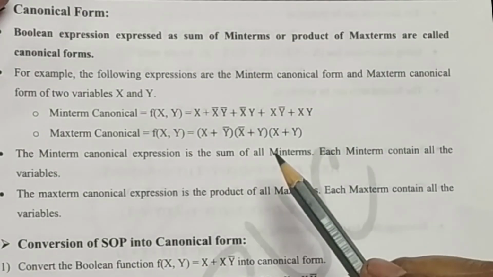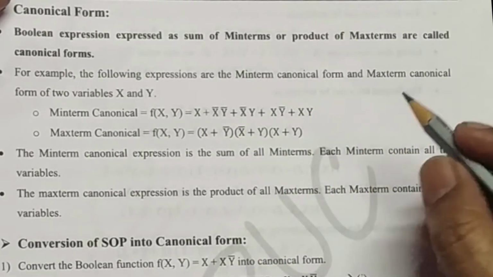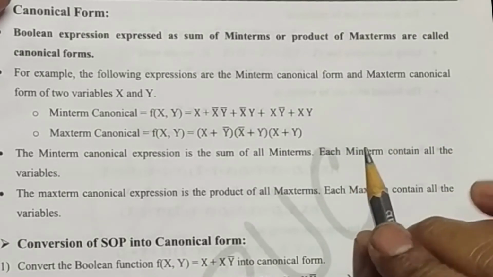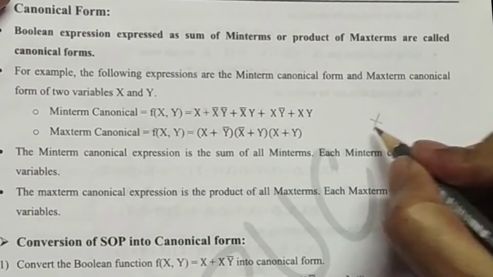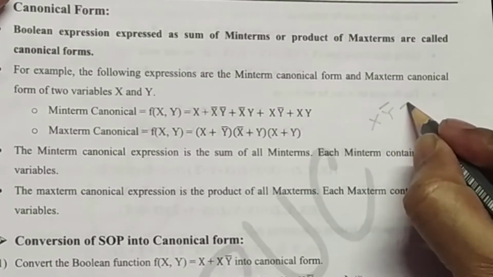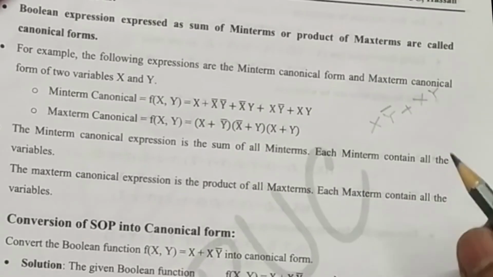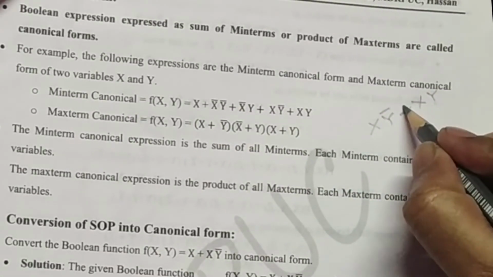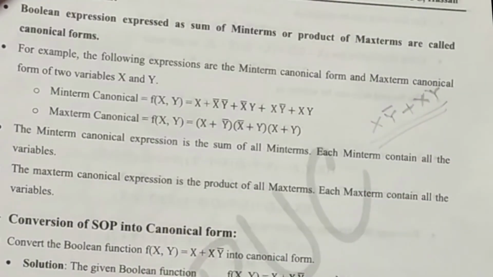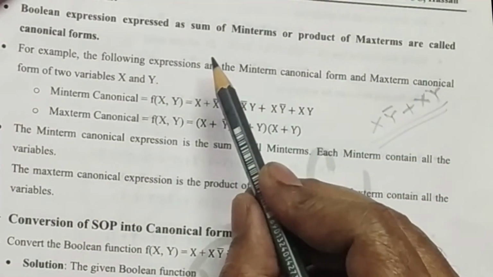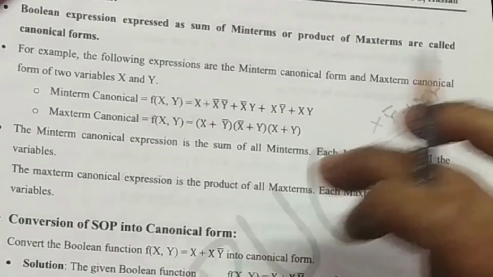For example, if the expression contains only min terms, then we call it a canonical sum of min terms. For example, x y bar plus x y. We can call this a canonical sum of min terms if it contains only min terms in the expression.